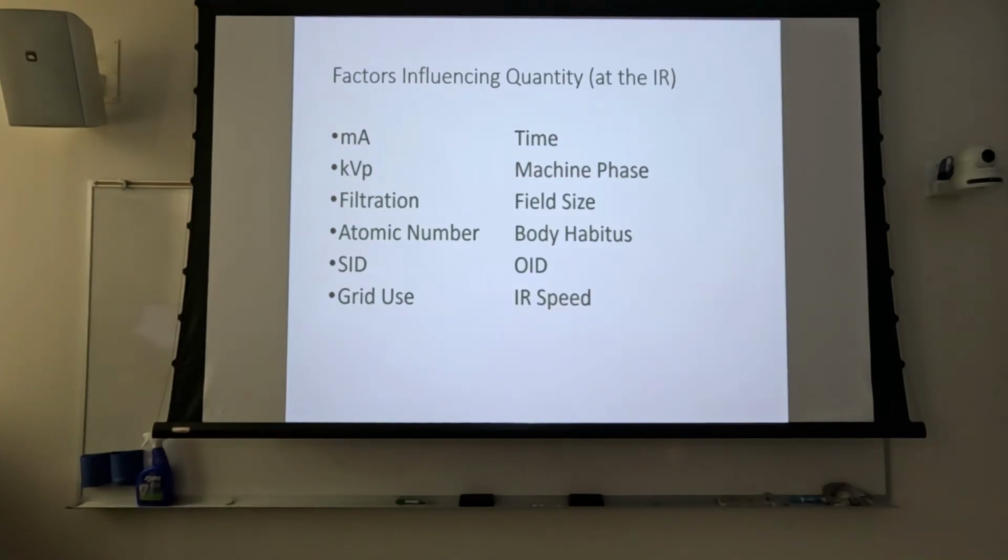So let's go with exams. Your KUB on an asthenic patient, you're not going to need quite as much. If you go with a KUB on a hypersthenic patient, you're going to need more mAs. Right. So you're seeing a theme here.